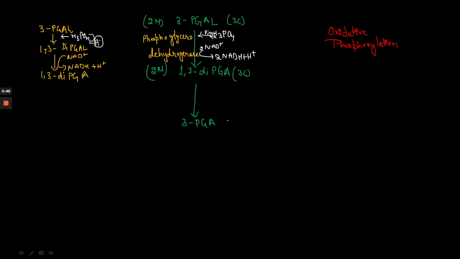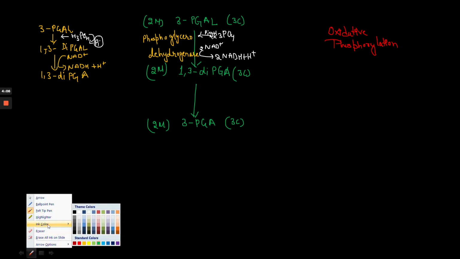3-phosphoglyceric acid, again a 3-carbon molecule, and since 2 molecules were there, here also 2 molecules of 3-phosphoglyceric acid are being produced. Here what is happening? One phosphate which was added in this diphosphoglyceric acid is being removed from this phosphoglyceric acid.